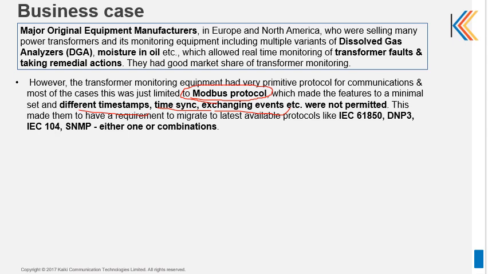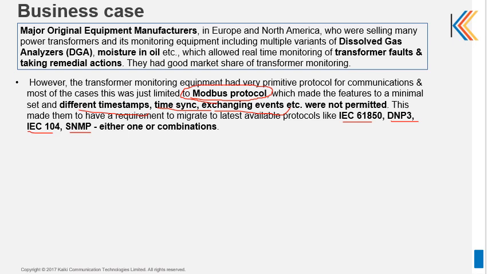So they wanted a quick migration to the latest protocols like 61850, DNP3, 104, or to monitor their network over SNMP. In some cases the customer wanted a single slave protocol to send the data to their analysis system.